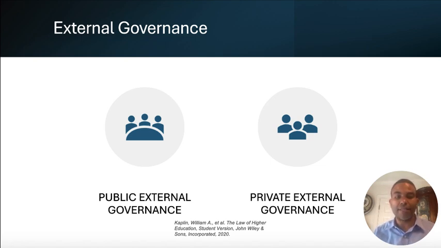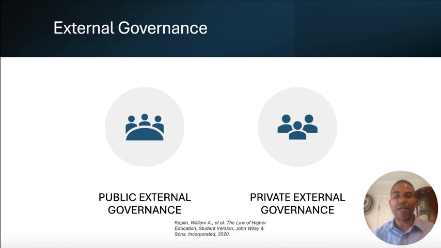Okay, and then there's also federal governance. While education is technically not an expressed control within the Constitution, there is some control over funding, whether it's grant research money or financial aid dollars going to the institution.